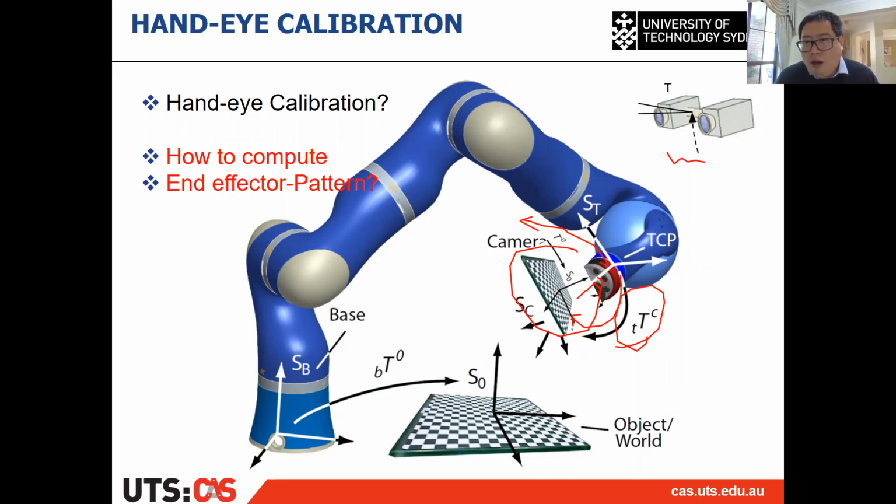And because this checkboard moves together with the end effector, from the camera you can get the relative pose of the checkboard. It's the camera extrinsic, right? And then after that it is still an AX equals XB problem. Then you can calculate the relative pose between the checkboard and the end effector.